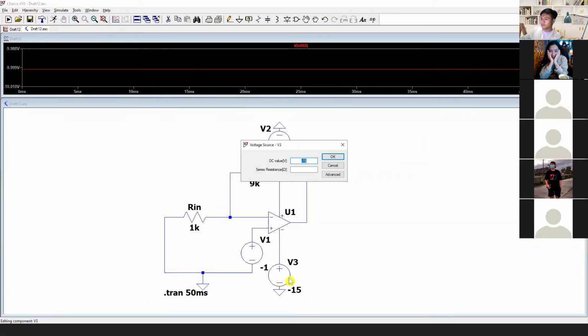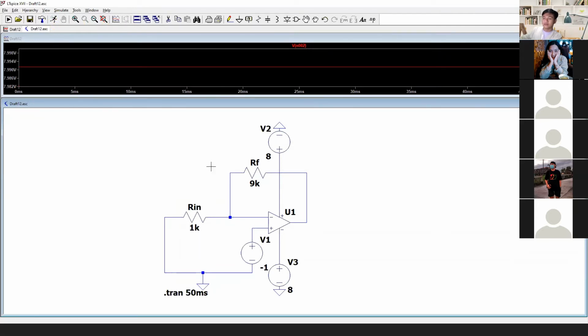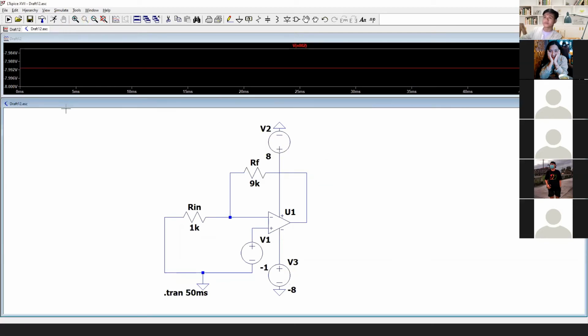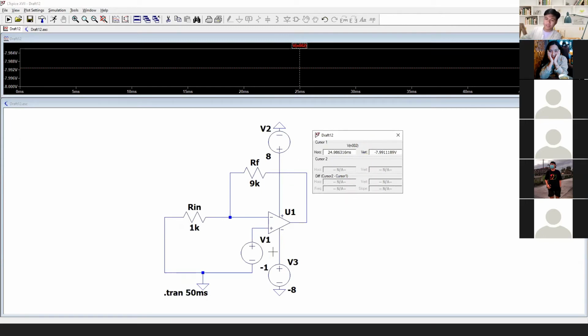Hindi. 15 pa rin pala to. Gawin kong 8. 7.99. Oops. Negative 8. There you go. So, eto. So, we now have a negative 7.99. So, again, whatever is the sign of your voltage input, then that will be the dominant side.